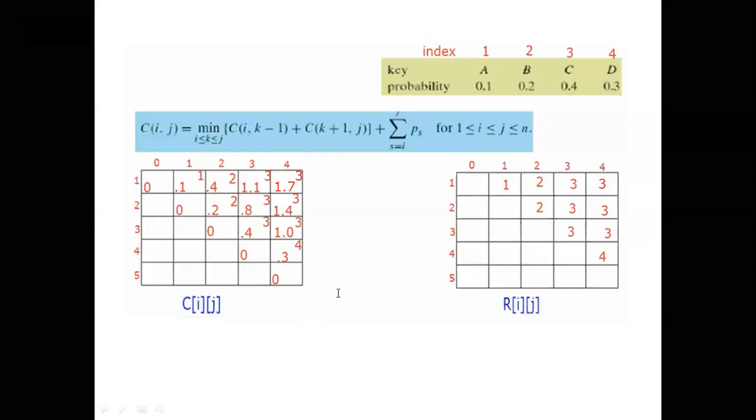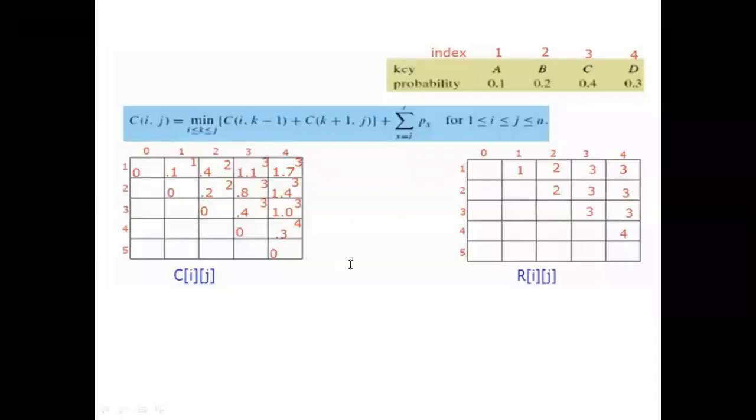I will draw R of 1,4. Already I told why we take R of 1,4: because that is the last value we inserted. The result here is root 3, which we also write here. Now I will make it as a tree.